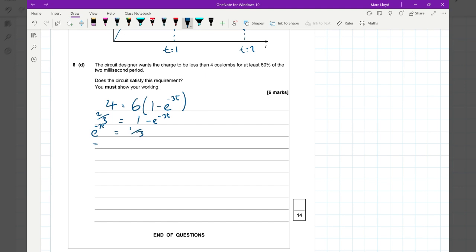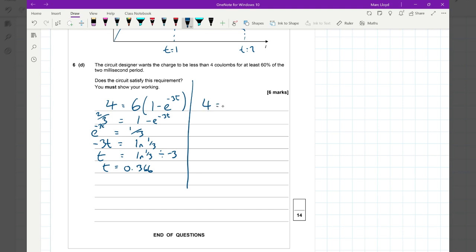If we apply the natural log, we get rid of e, and then minus 3t will equal the natural log of a third. By dividing by minus 3, that will get us to our final answer. So ln of 1 over 3 divided by minus 3 gives me t equals 0.366.